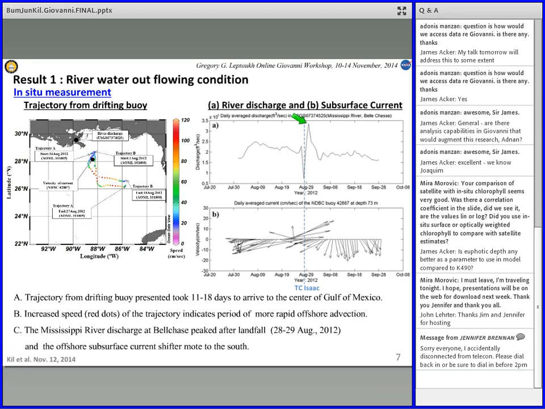We can see this kind of peak of the Mississippi River discharge, but this discharge can occur over a very long time. But in this presentation, I'm showing you the peak of the Mississippi River discharge driven by the hurricane-induced rain rate.